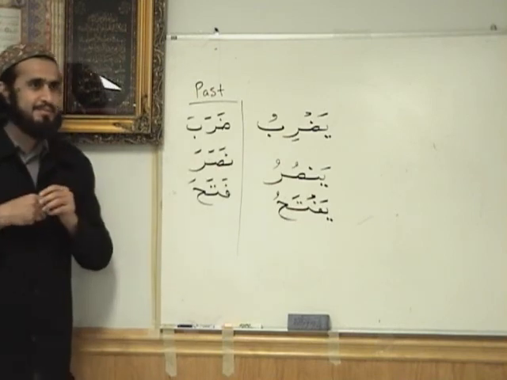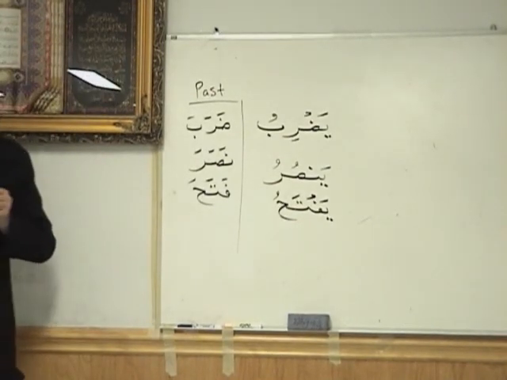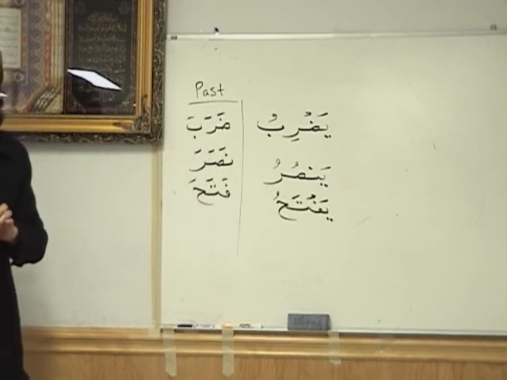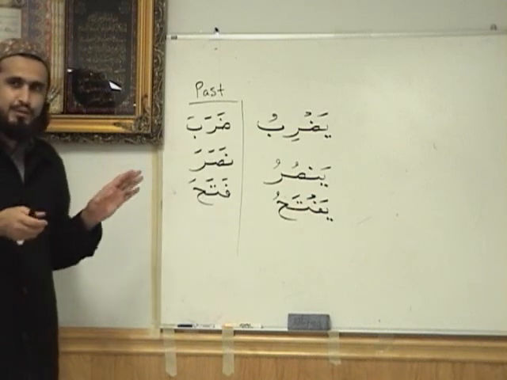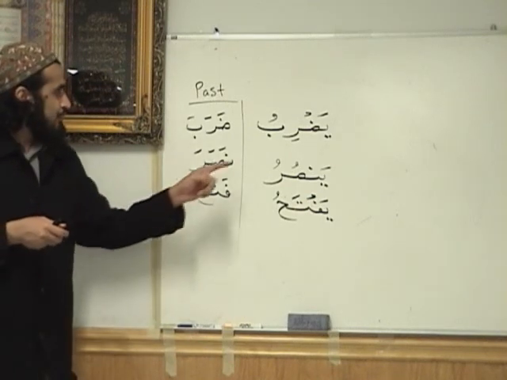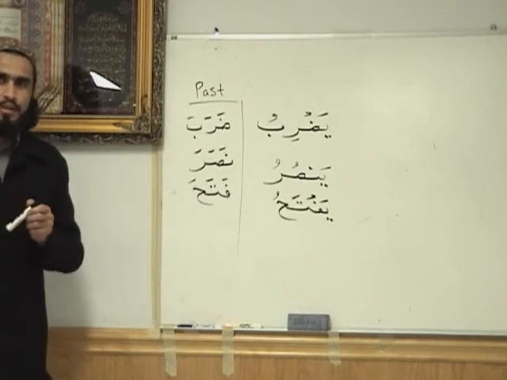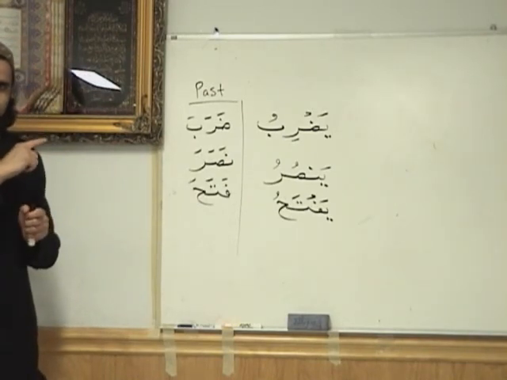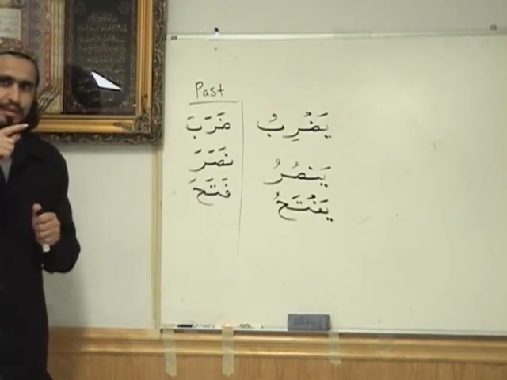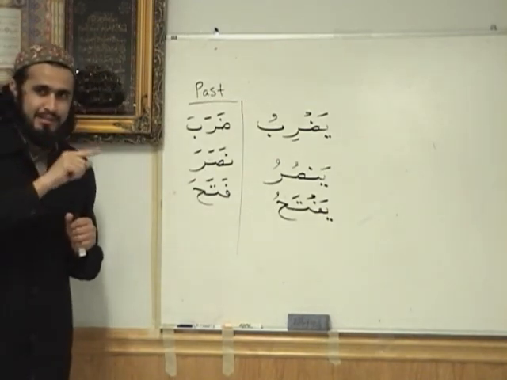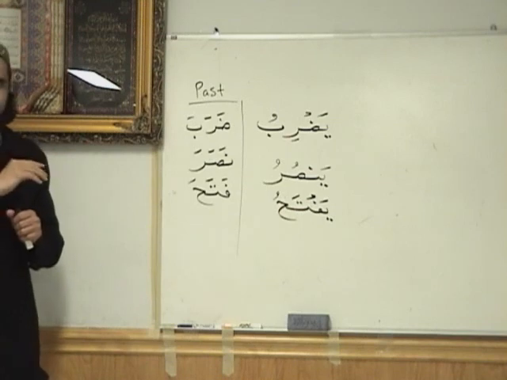Is this clear for everyone? So how would we know which it would be? Is that just through memorizing? Memorizing it. If you check the dictionary, for example, for the root word noon, sad, ra, nasr, it will give you this conjugation. It will give you nasara yansuru to make sure you understand that the past has a fatha and the future has a dhamma.